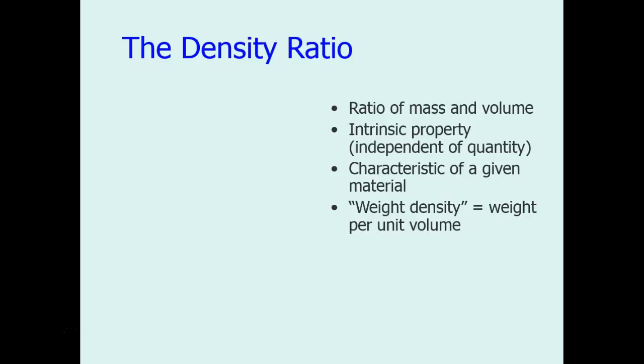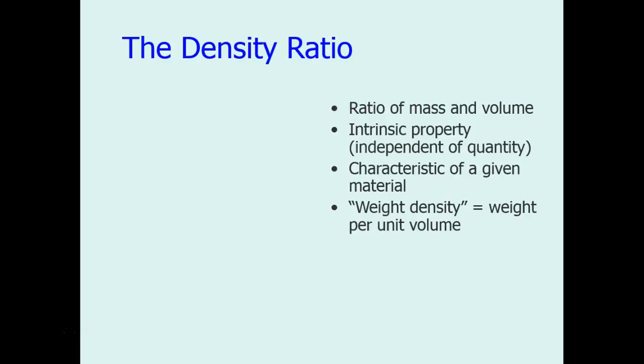Because you might have, let's just be extravagant, 3 kilograms of gold. That doesn't tell you much except how much mass you have. You may have so many cubic centimeters of gold. That doesn't tell you very much. But one thing that's true, the ratio of mass to volume for gold is always the same.